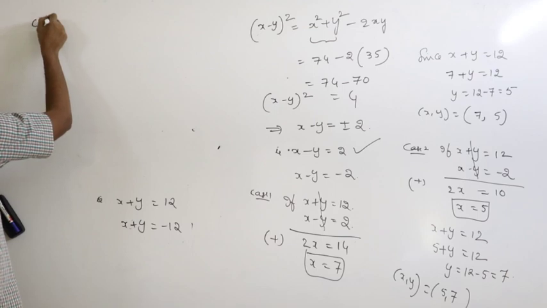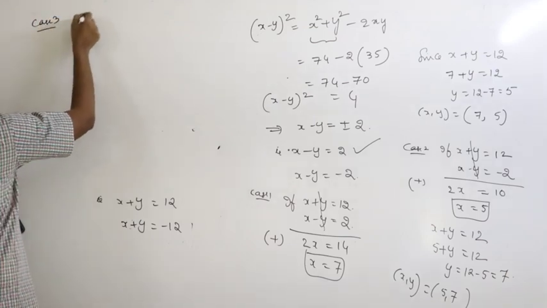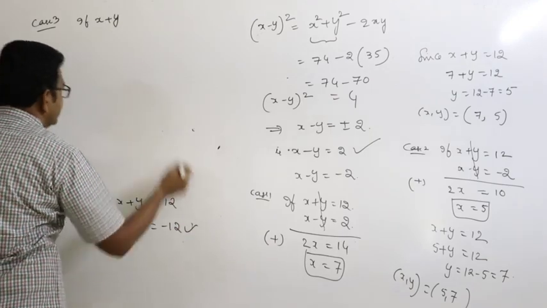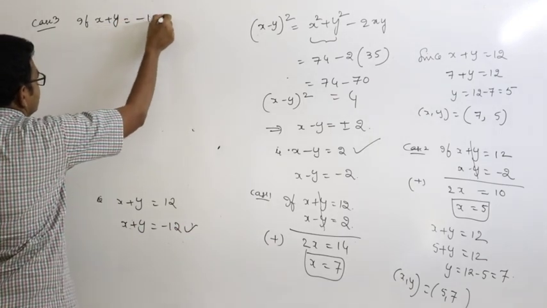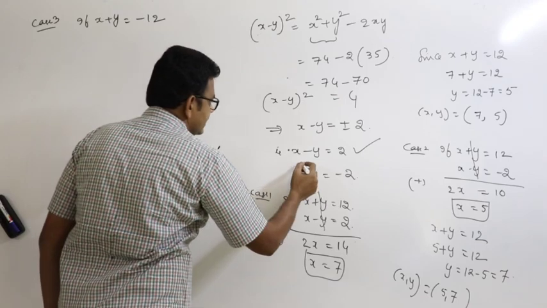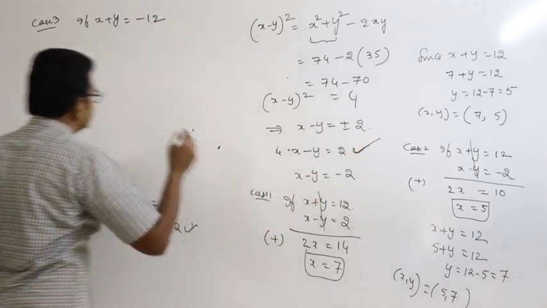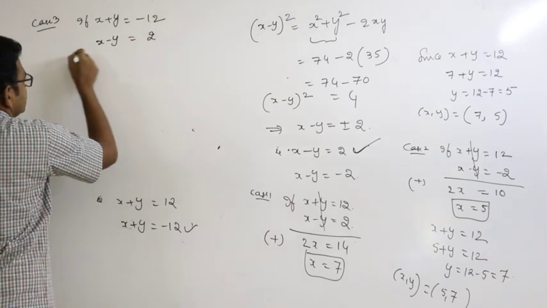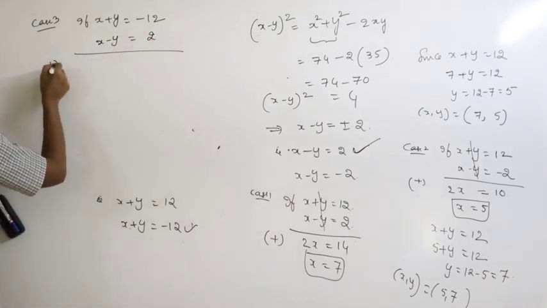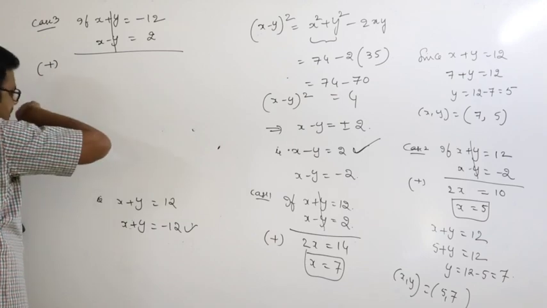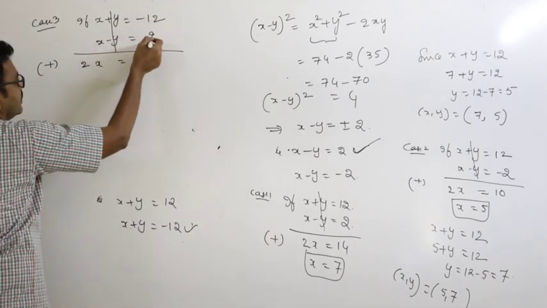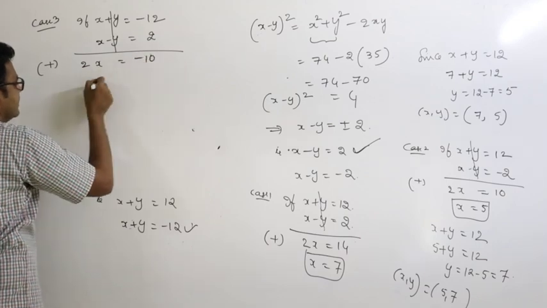Next one, case 3, if you take x plus y is equal to minus 12 and x minus y is equal to plus 2. Again adding these two, y gets cancelled. 2x is equal to minus 12 plus 2, that is minus 10.